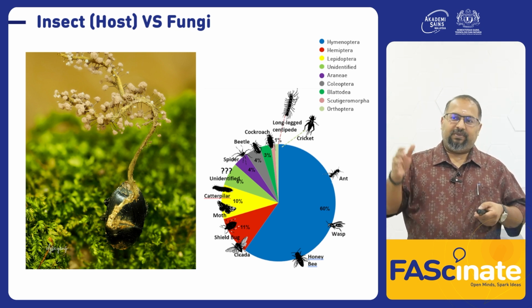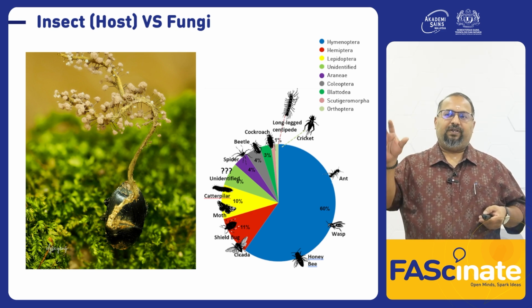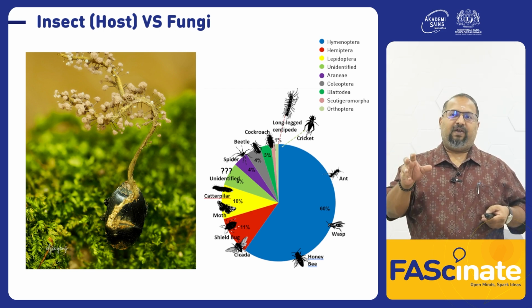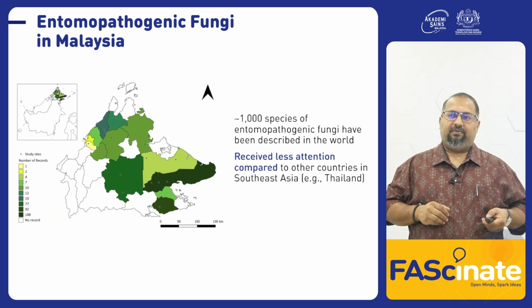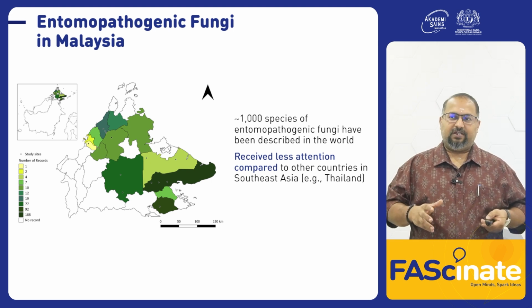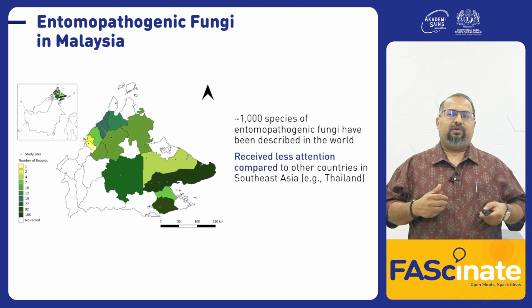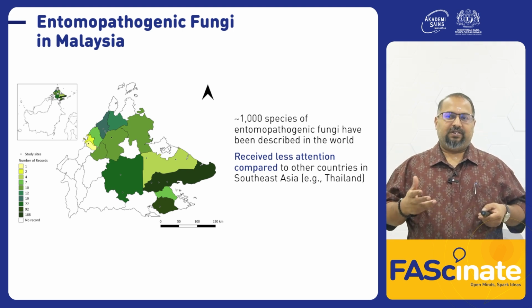As you can see from this chart, Hymenoptera is the largest portion of the insects infected with the fungus. About 1,000 species of entomopathogenic fungi have been described in the world, but less attention has been given to Southeast Asia compared to other regions.